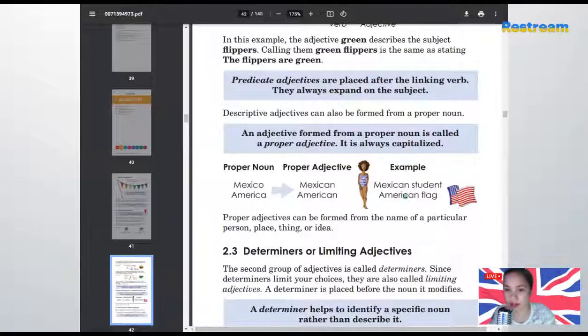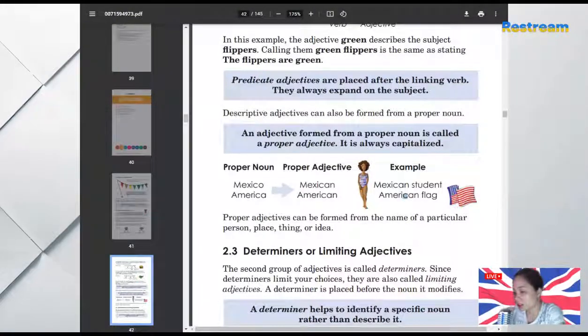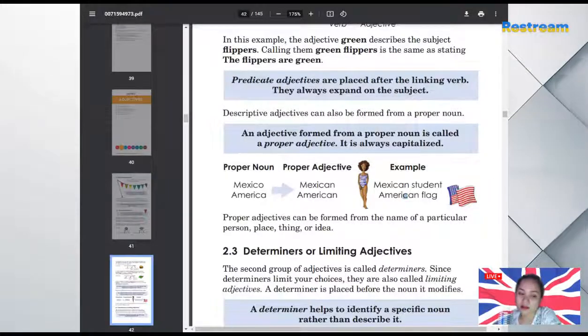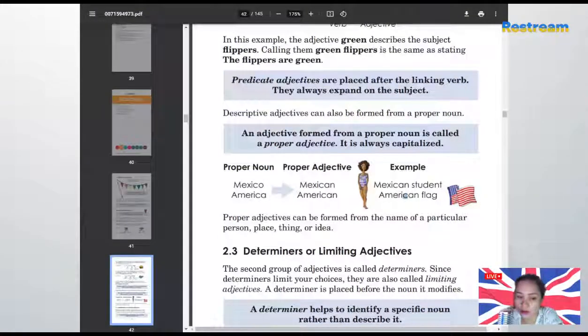So we use a proper noun. When we say proper noun, what is it again? A proper noun is a specific name of a noun. One of the proper adjective examples are Mexican and American.